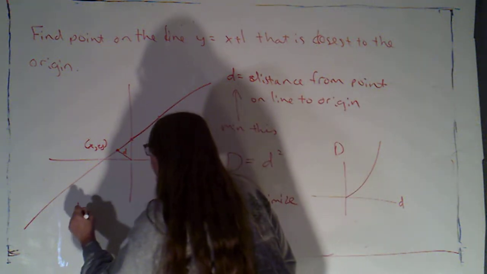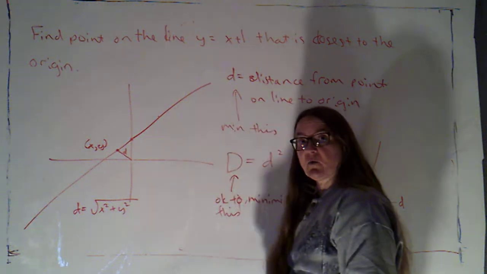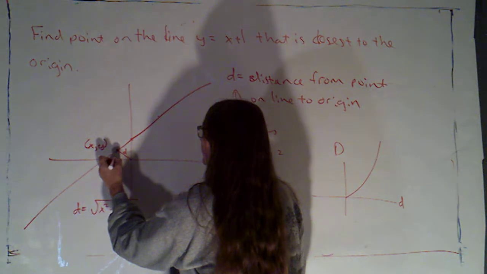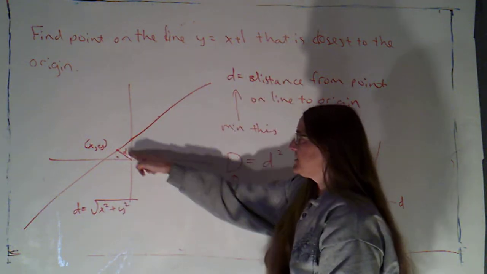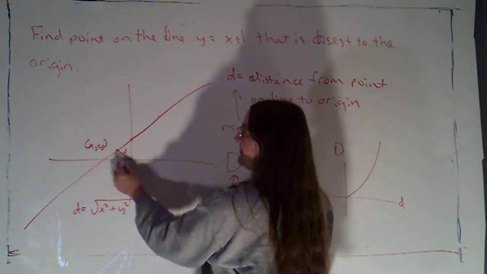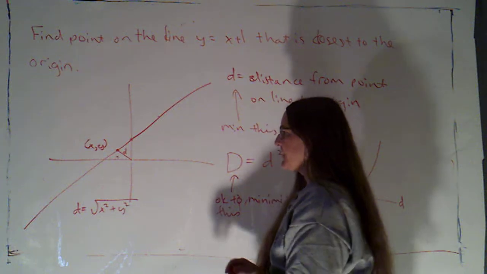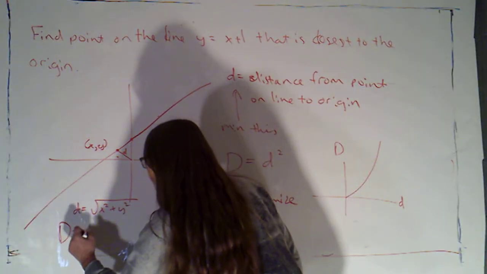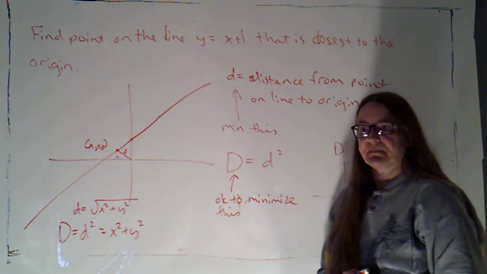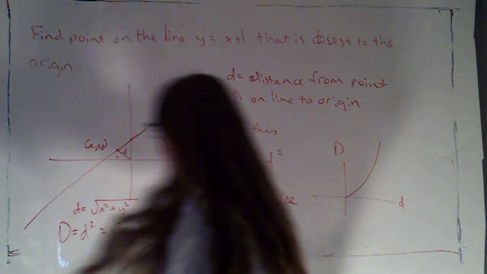So the distance from the origin is just the square root of x squared plus y squared, using the distance formula, or thinking in terms of the Pythagorean theorem, where d is the hypotenuse of that right triangle. The leg here is the absolute value of x, and this leg would be the absolute value of y. So capital D, which is what I was calling d squared, is just x squared plus y squared. That's the thing that I want to minimize.